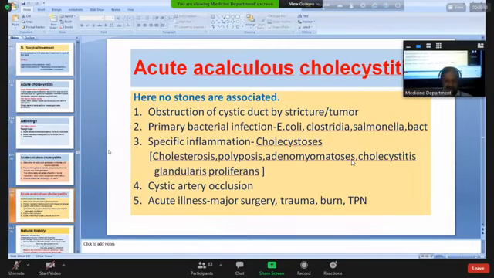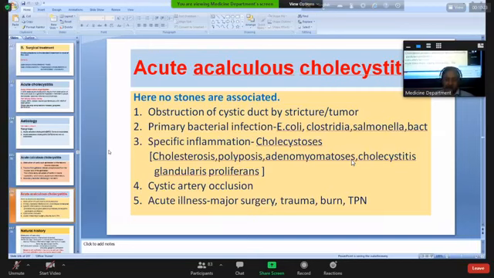Specific inflammation, we have already mentioned in chronic cholecystitis, cholecystosis, that is, there are morphological changes in the wall of the gallbladder in the form of cholesterol deposition, cholesterosis, development of multiple polyposis, proliferation of glandular adenomatous tissue, that is adenomyomatosis, and cholecystitis glandularis proliferans, where there is proliferation of all components of the gallbladder wall.